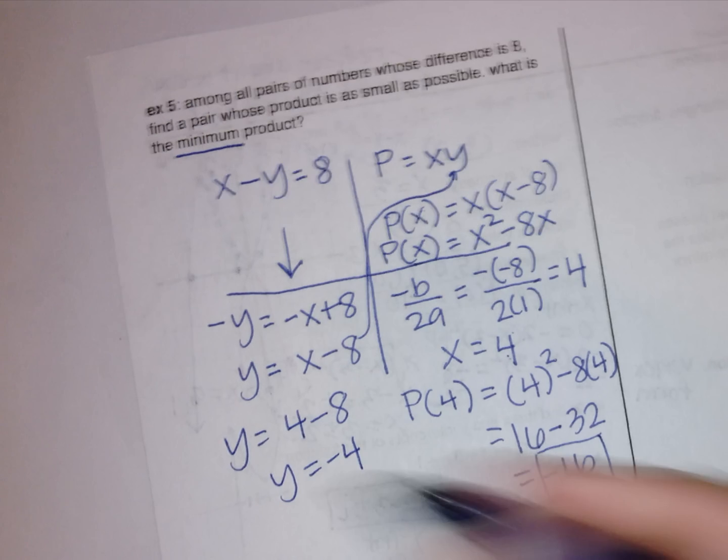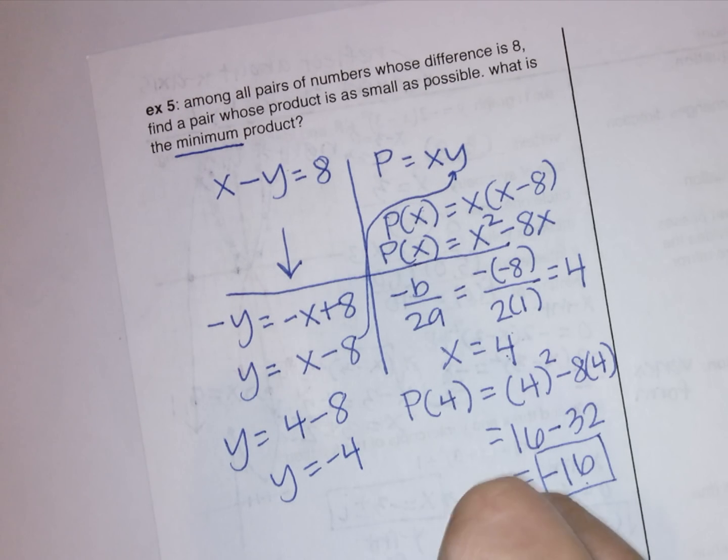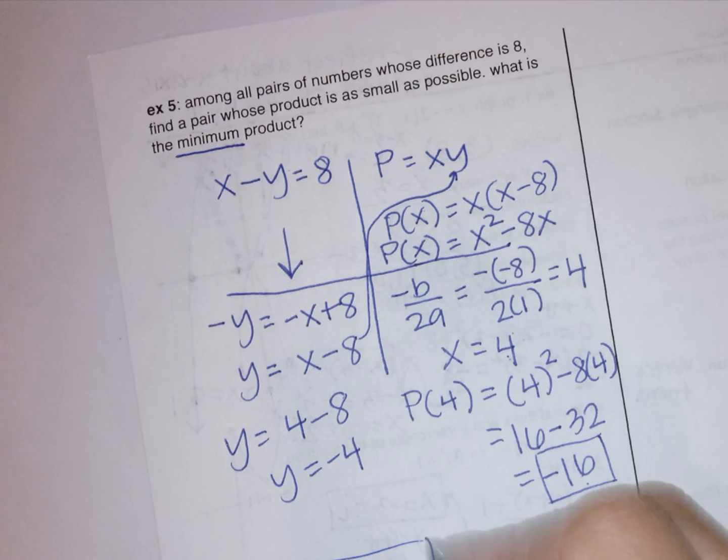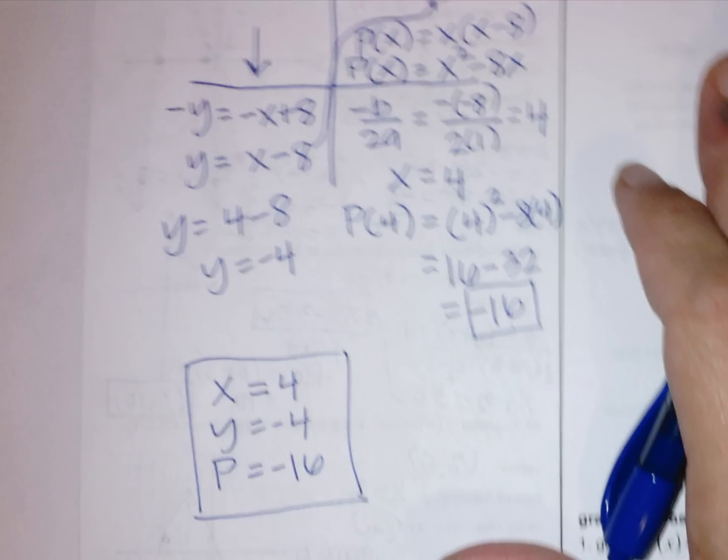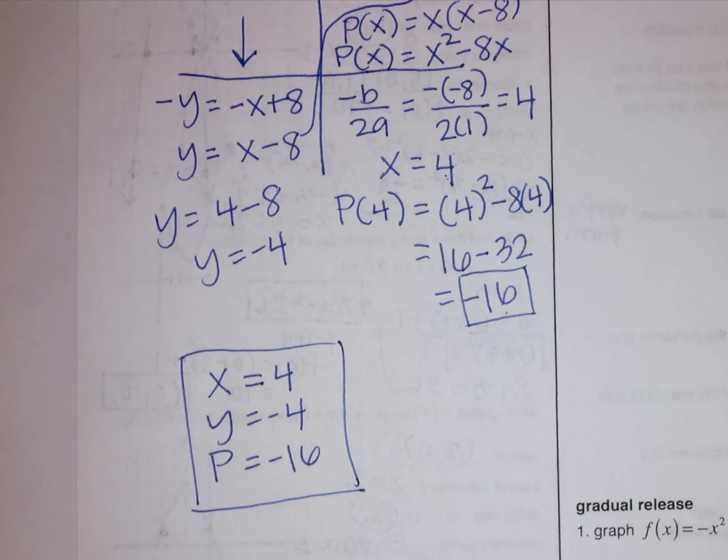So the three things we have: x is equal to 4, y is equal to -4, and the minimum product is -16. So your hint on these problems is going to be that it says minimum product.